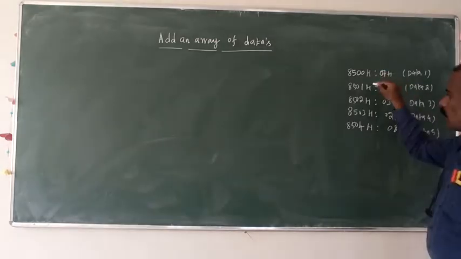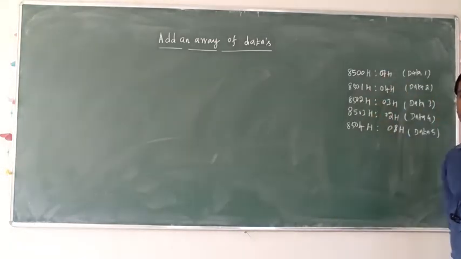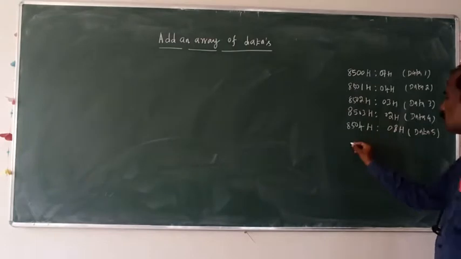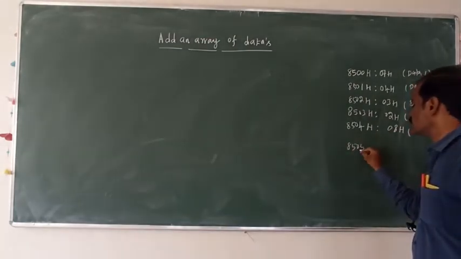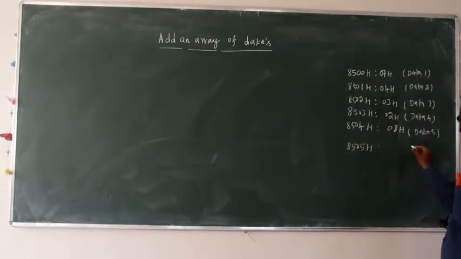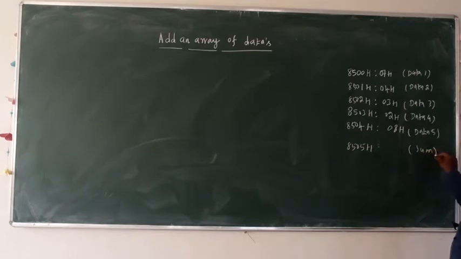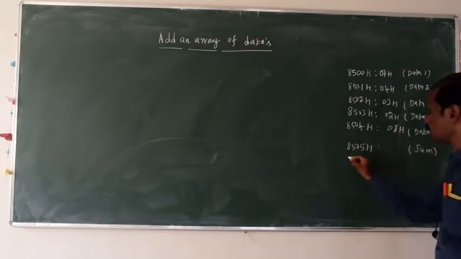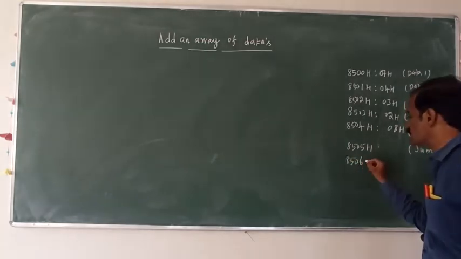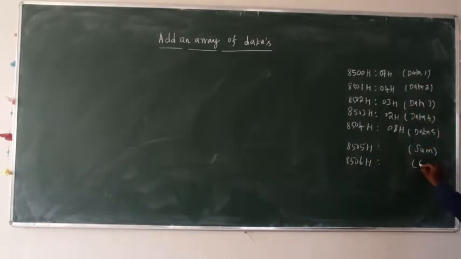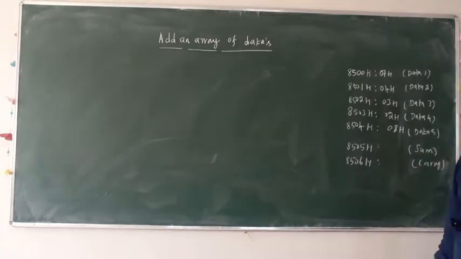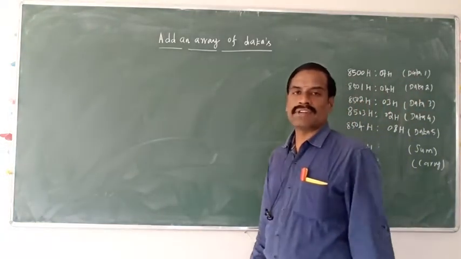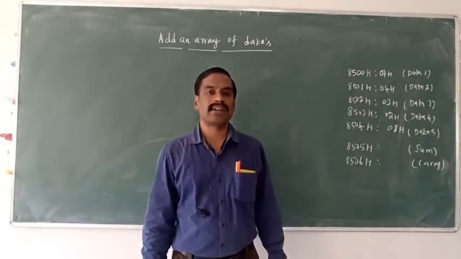Now add all the 5 data and store the result at the next address 8505. Here we store the sum, and the next address location 8506 stores the carry, if any. Adding an array of data means we can add n number of data.